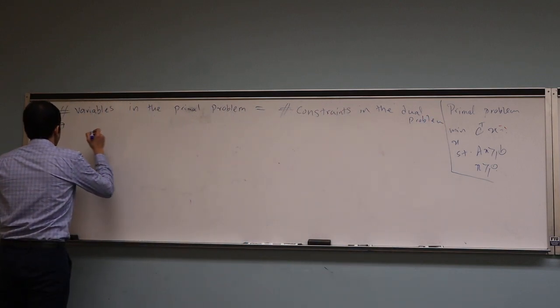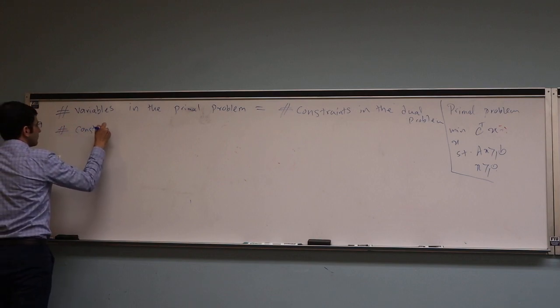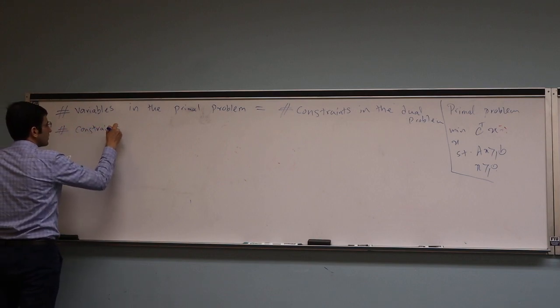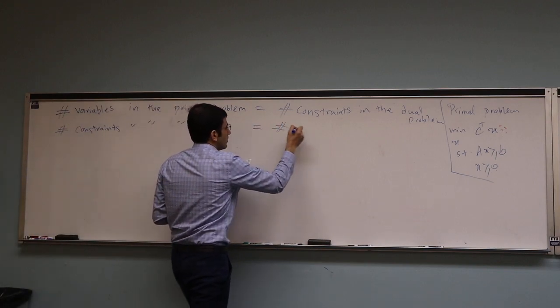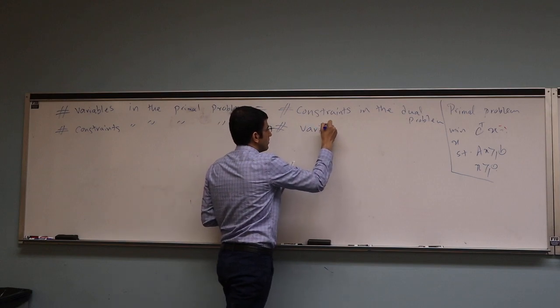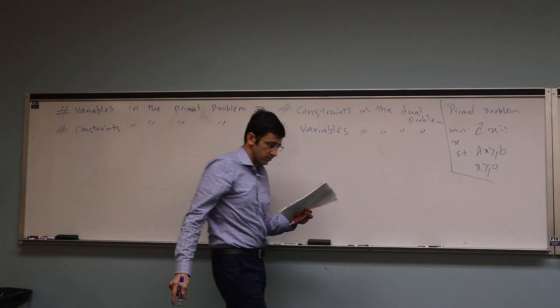And the same thing for the constraints. The number of constraints in the primal problem is equal to the number of variables in the dual problem.